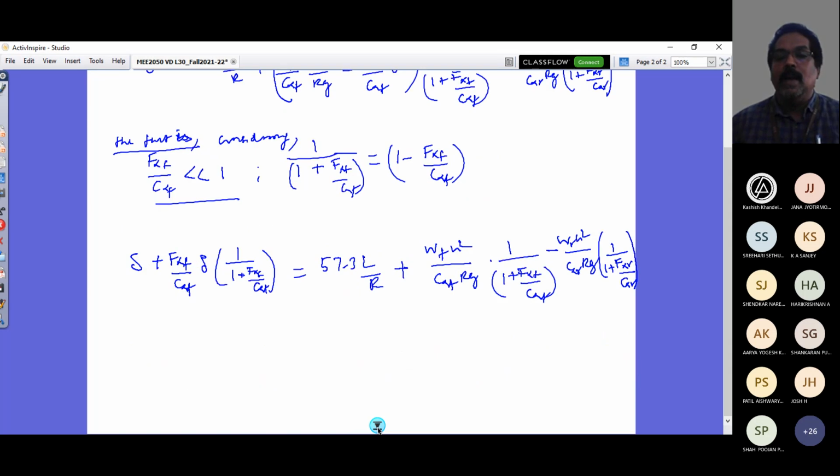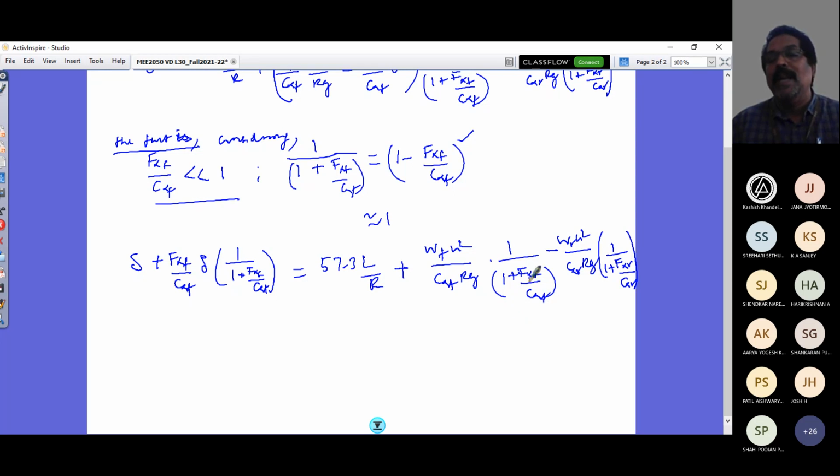There are many assumptions and simplifications. When I say this is very, very small compared to 1, this 1 plus a very small quantity, 1 by that, I can consider as 1 itself. So if I consider this term as 1, this term is also 1.